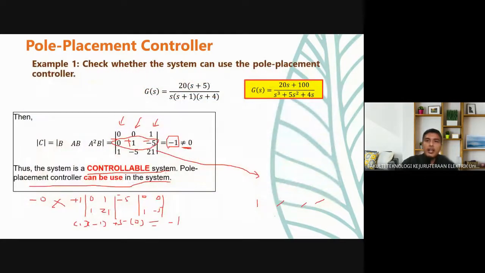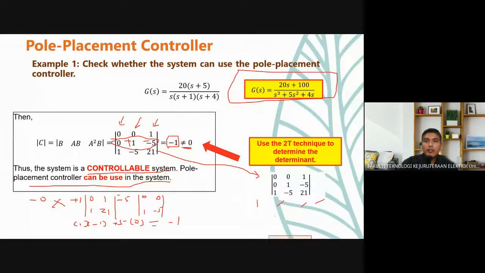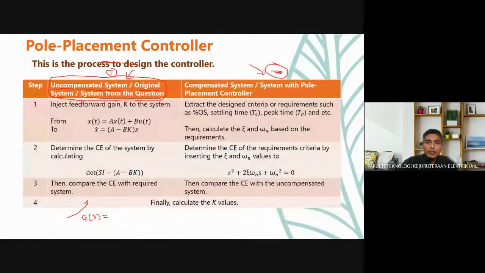In this case, G(s) is (20s + 100) divided by (s cube + 5s square + 4s). This is the source for the first part, so you need to refer to this in order to solve the first part.